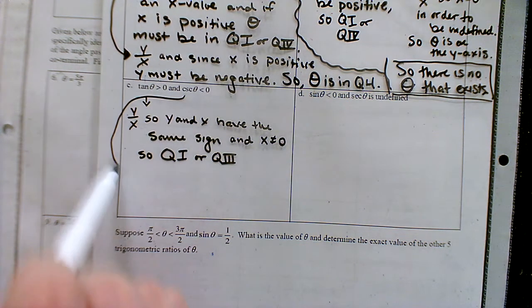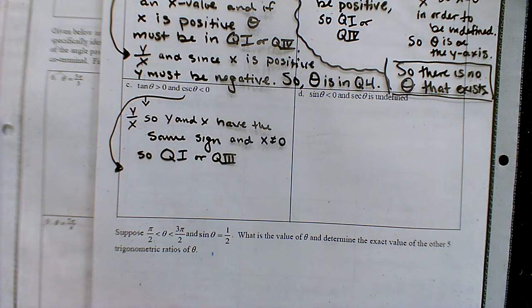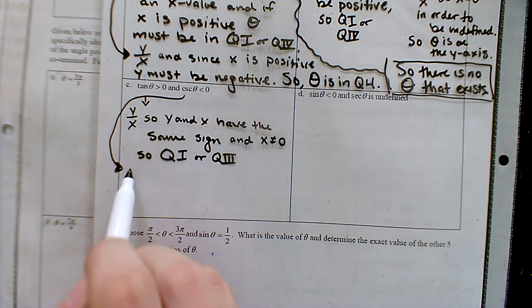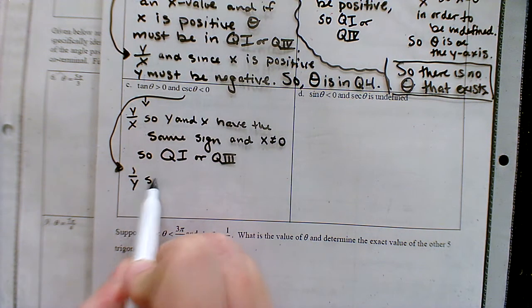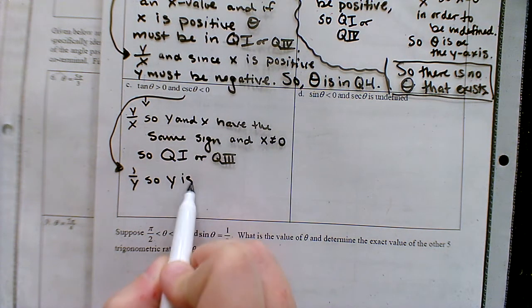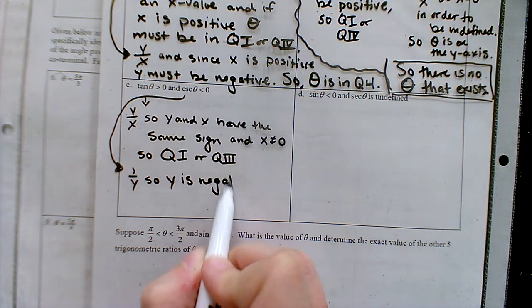Let's take a look at the cosecant. How is cosecant related to x or y? Yes? 1 over y. All right, so they're telling us cosecant has to be negative. So that must mean y is negative.